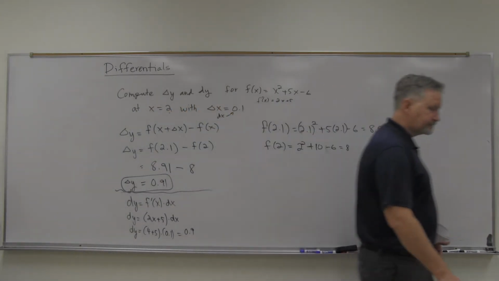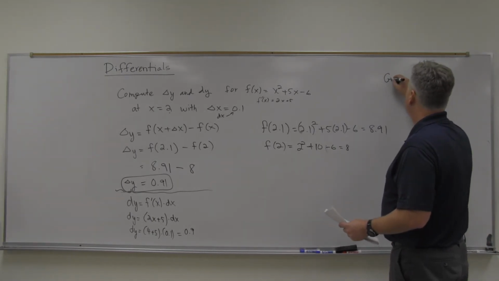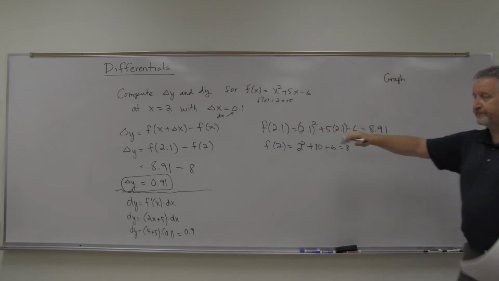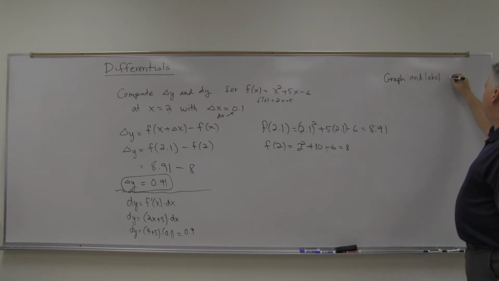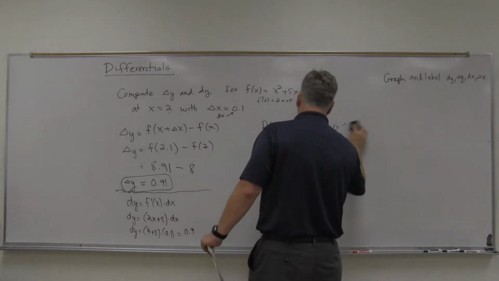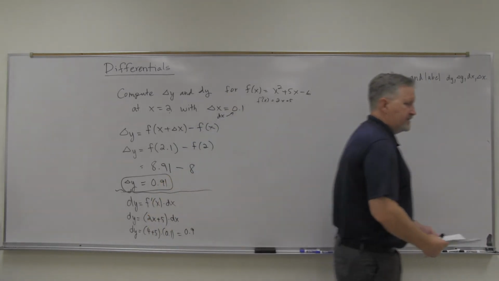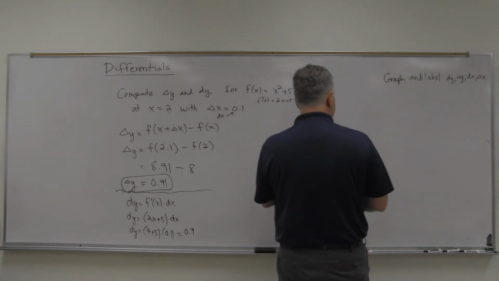Now, let's graph this scenario here and label all the pieces: dy, delta y, dx, and delta x. So I want to graph this little scenario here. Well, what that means is I want to graph the function and the tangent line, and then I can label, okay?